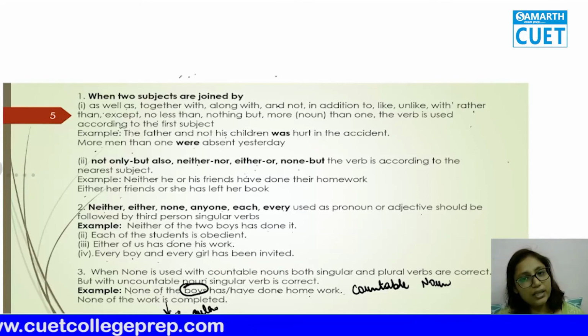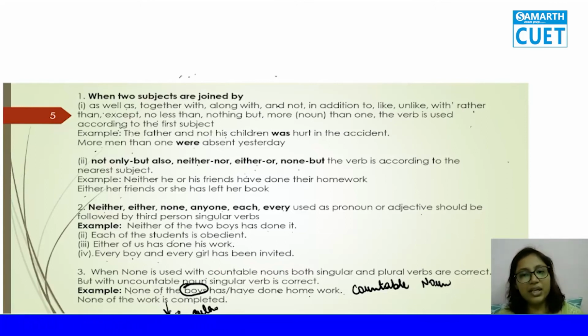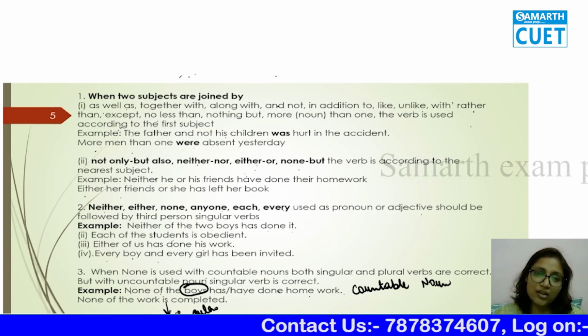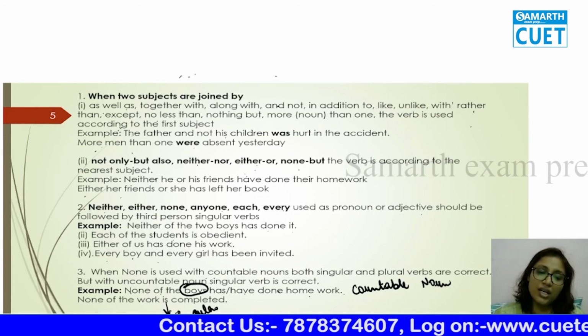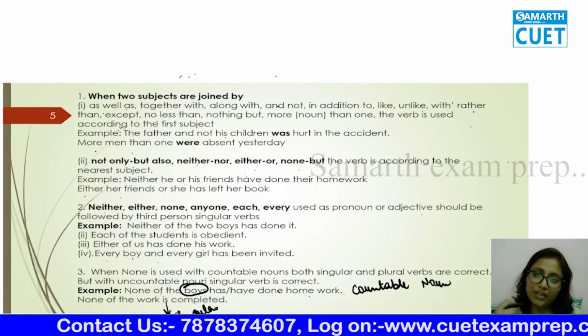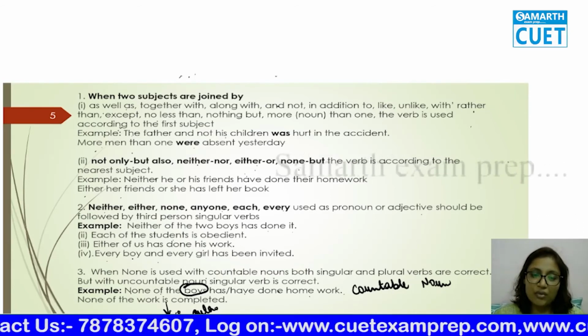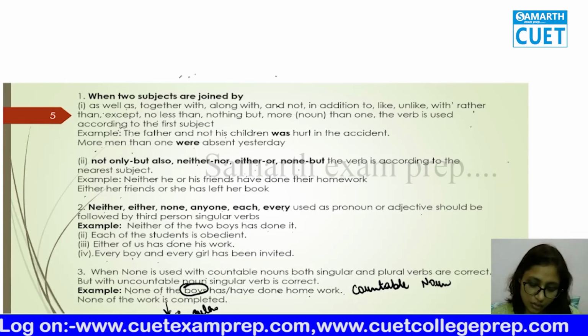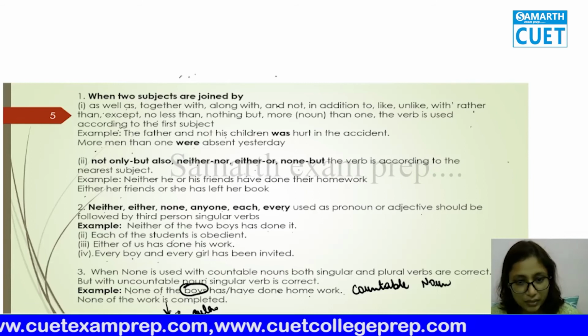None of the liquid is empty. Because an uncountable noun is not used in plural form, the verb will also be in singular form. If nouns are used in plural, the verb can also be plural. But for uncountable nouns, the plural form is not there, so a plural verb is not possible. Got it? Very simple.